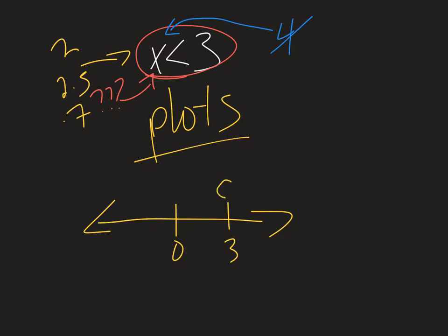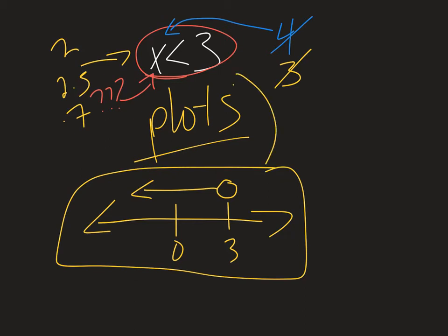I'm going to put an open dot at 3, meaning x cannot be 3. If I plug 3 in, it's not going to be possible because 3 is not less than 3. It's a false statement, therefore it doesn't work. And then I'm going to go back down to my plot here. Anything to the left or less than 3 is fine. So this would be how I would plot this inequality.